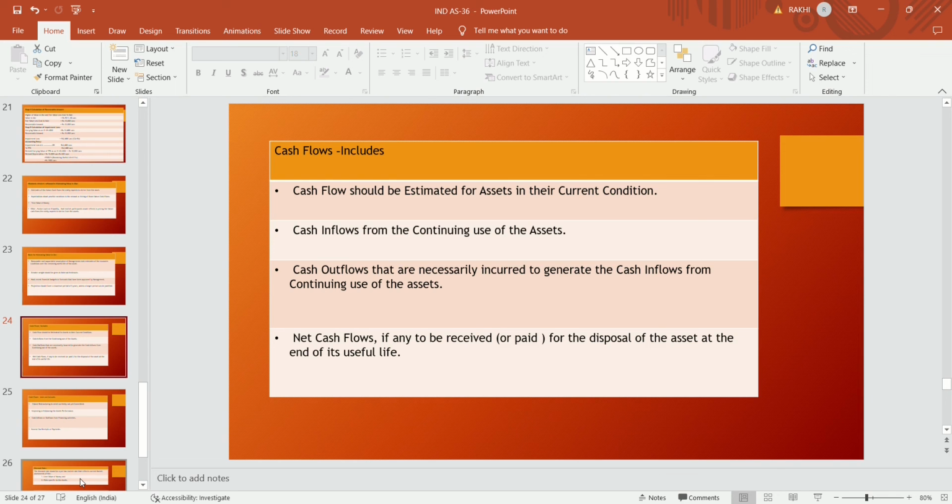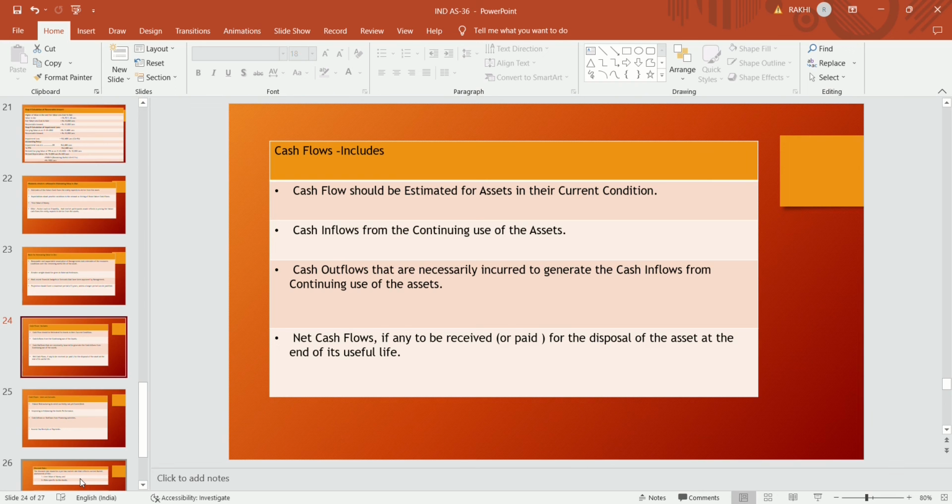Cash flow from the continuing use of the asset. What cash flow will we generate from the continuing use of that asset? If we are using that asset continuously, how much cash flow will we estimate and project?